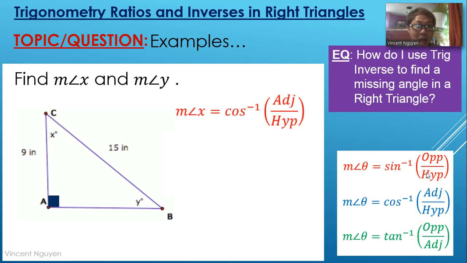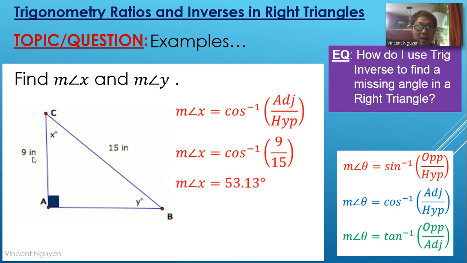So if I'm looking for x first, I'm using cosine inverse because 9 is my adjacent. So I just set up my cosine inverse and find x first. I type in adjacent over hypotenuse, which is 9 over 15, into my calculator. I get 53.13.